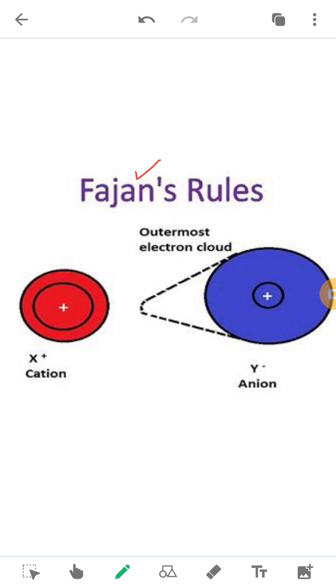So now 17 protons are holding 18 electrons, so that holding must be a little less. So I can say that the electrons are not held very tightly towards the nucleus.